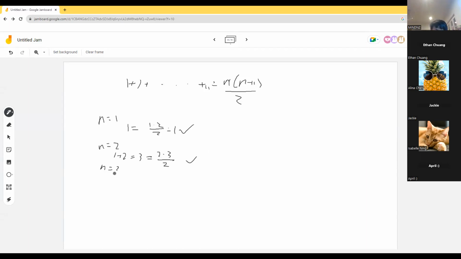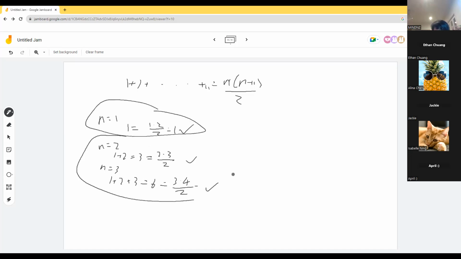And then when n is equal to 3, we get this. By the way, you only have to go up to n equals 1. I'm just doing some more to show you. Okay, so assume it's true for n equals k, where k is some number.